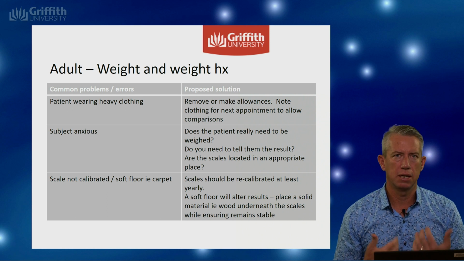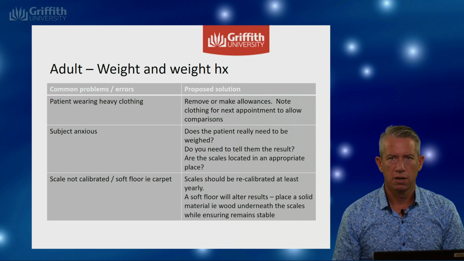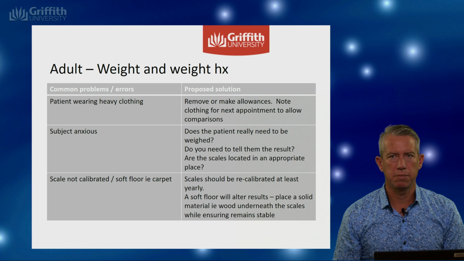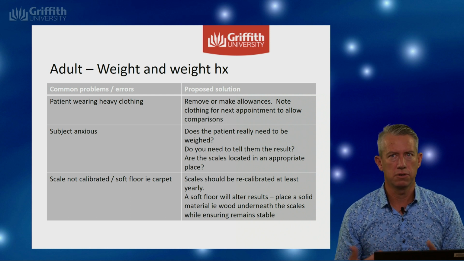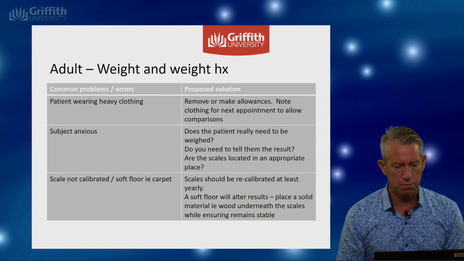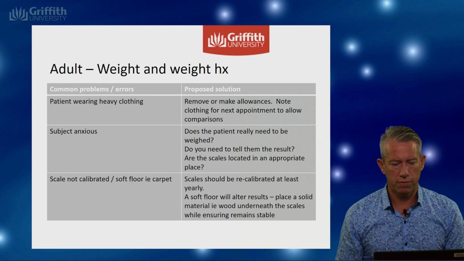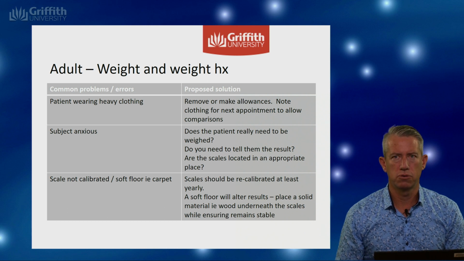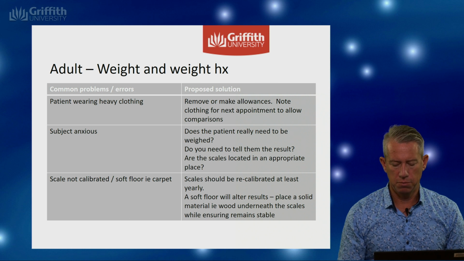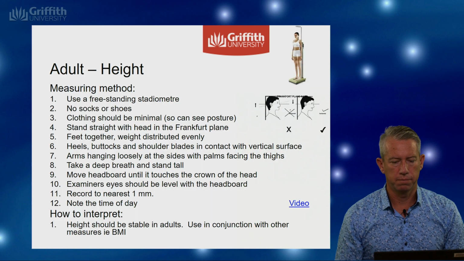So particularly when you're developing rapport with patients, there's absolutely no problem at all in considering an anthropometric measure and then choosing not to do it because it creates too much anxiety in your patient. And the scale's not calibrated, or the floor is soft and things like that. So being able to calibrate scales and manage the measurement is critically important.